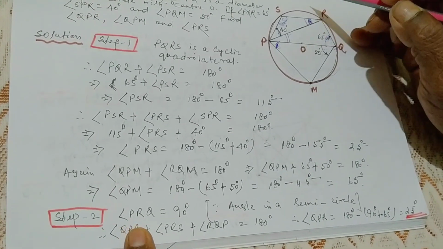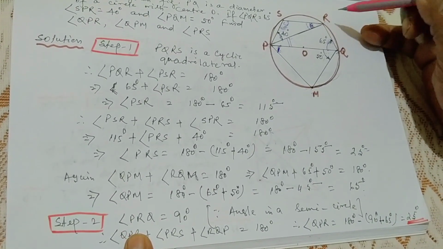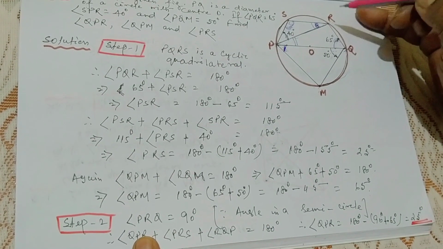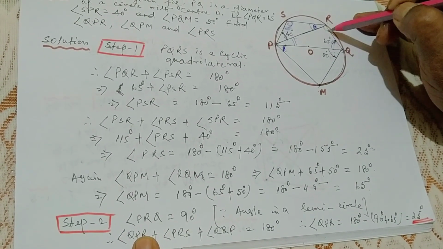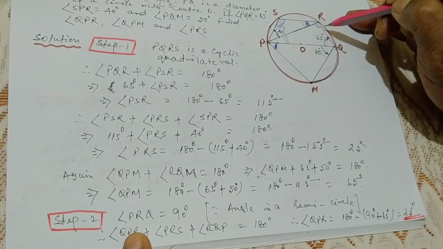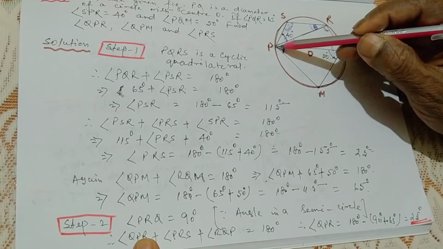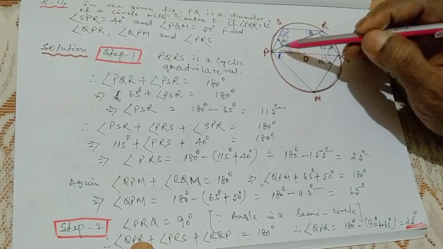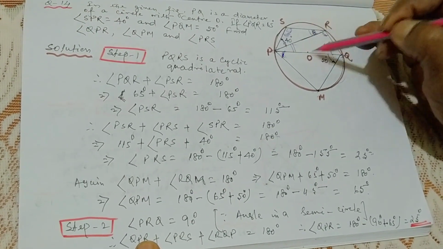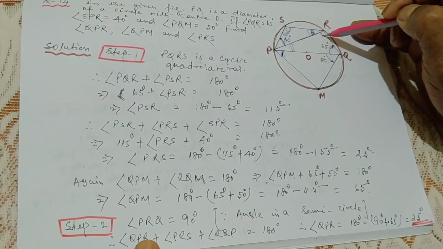Next, angle PRQ, this angle. PRQ is equal to 90 degree because this angle is formed by the diameter of the circle in the semicircle. That is why the value of this angle is 90 degree.